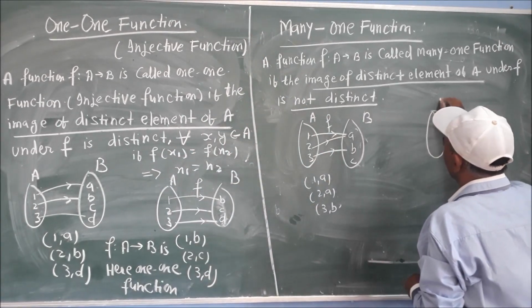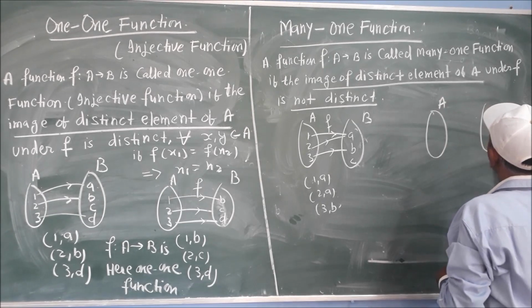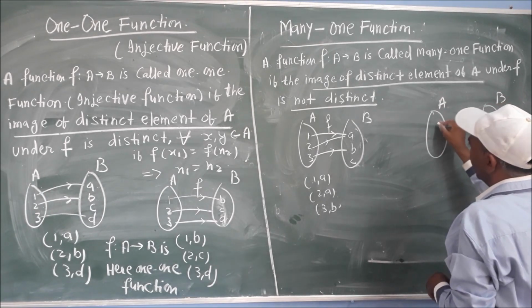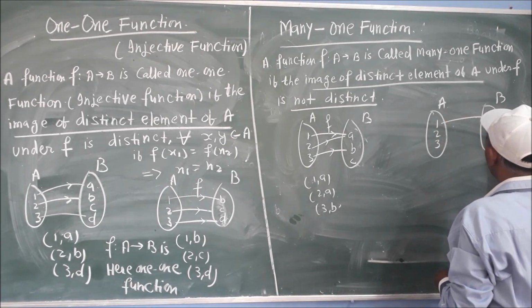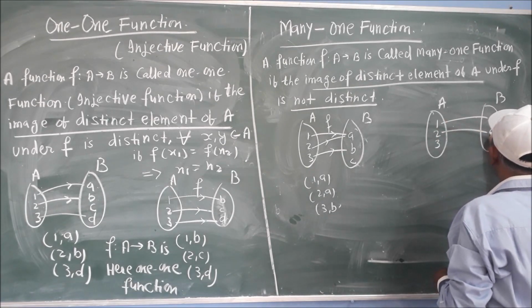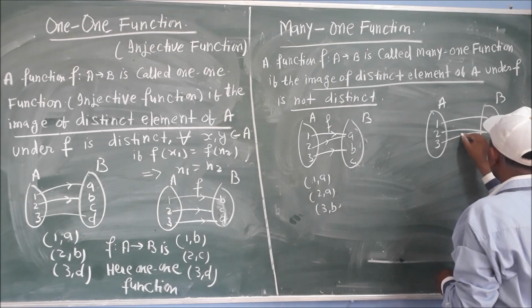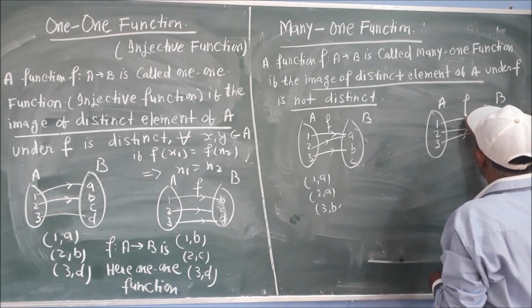Again see another example. Here A is a set and B is a set. Its elements are 1, 2, 3. And this is your set C, and this is your D. This is your function f.